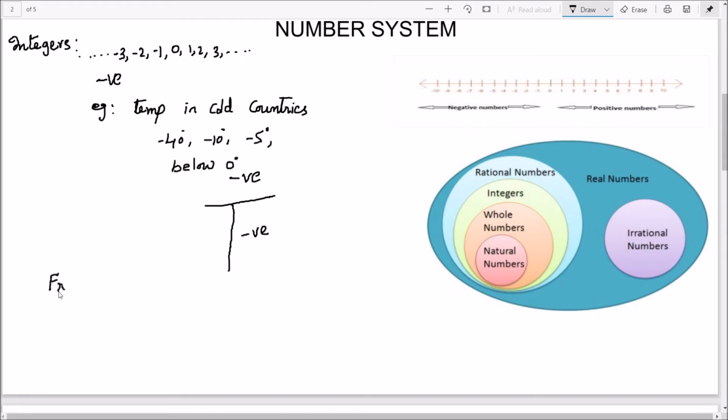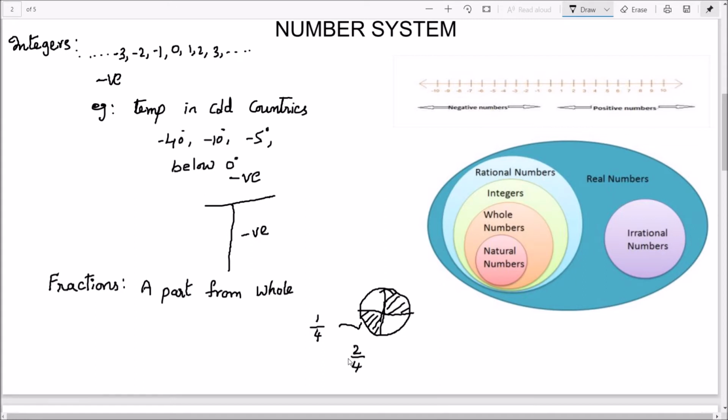The next one is fractions. Fractions means apart from whole. Suppose there is a pizza, and I cut it into 4 equal parts. Out of 4, if I select one part, that is 1 by 4. If I select 2 parts, that is 2 by 4, or 1 by 2.